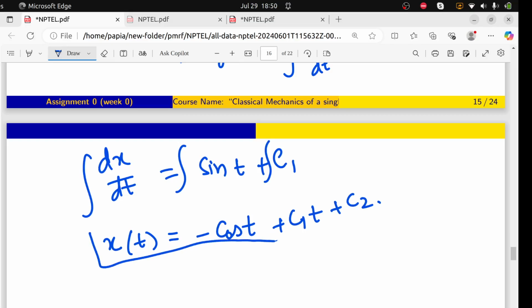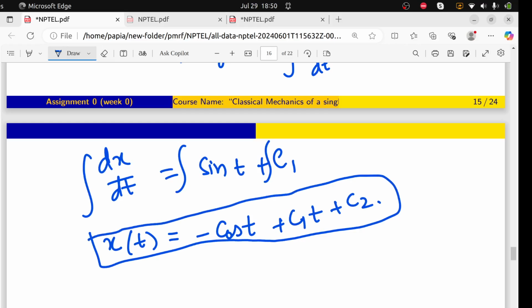It is a general solution. If in any question they give boundary conditions from where I can get the values of c1 and c2, then we can put the values of c1 and c2 in the x(t) expression and calculate x(t).